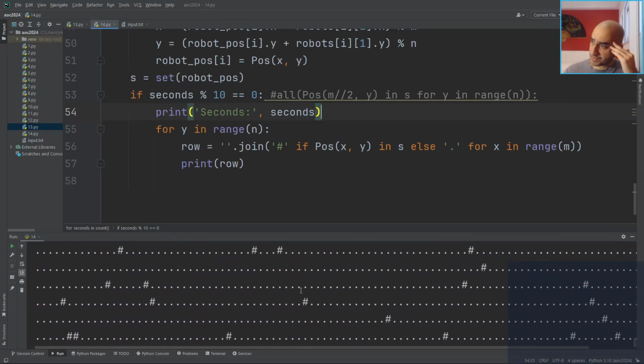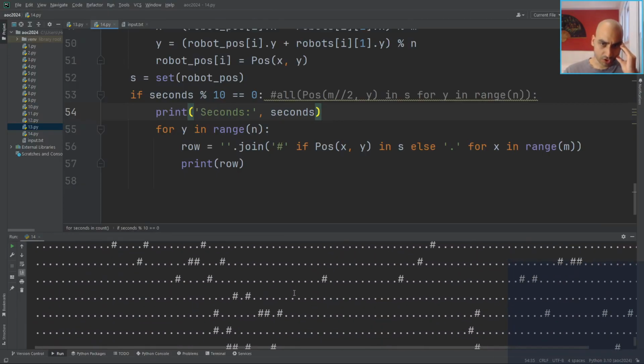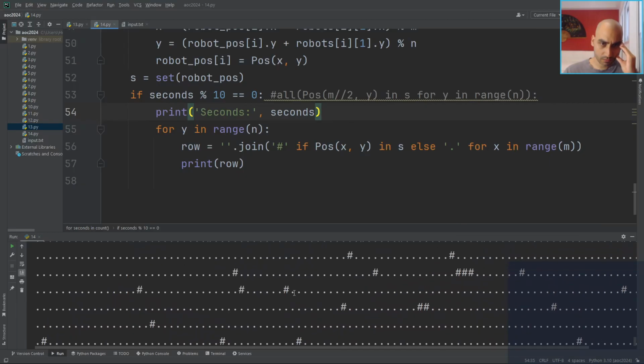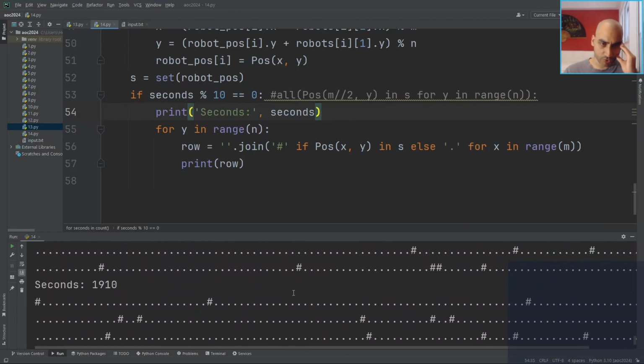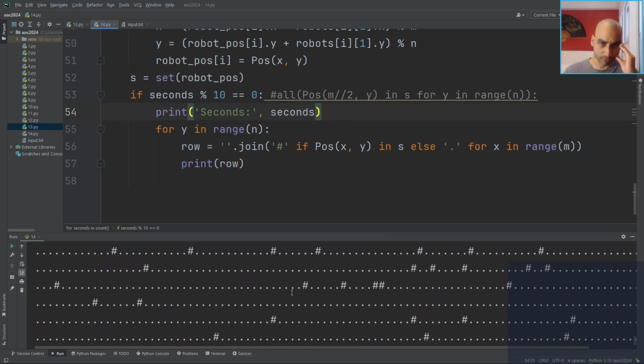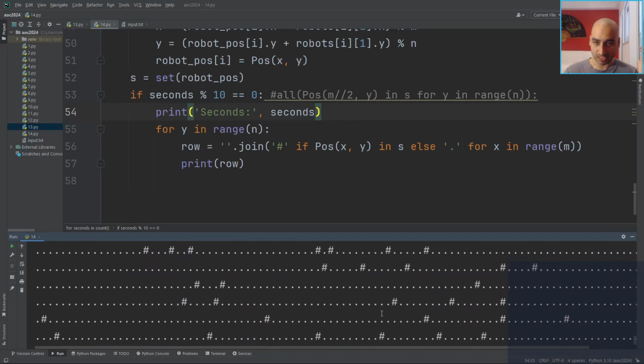Alright, what else? What other property would the Christmas tree have? It would be connected, wouldn't it? We could check if the tree is fully connected. And that'll probably be very quick, because most of the time it's actually completely sparse.